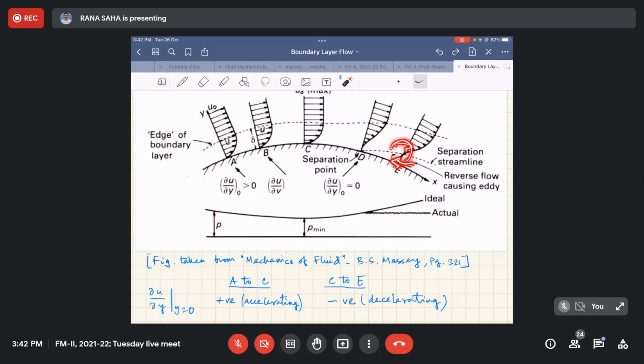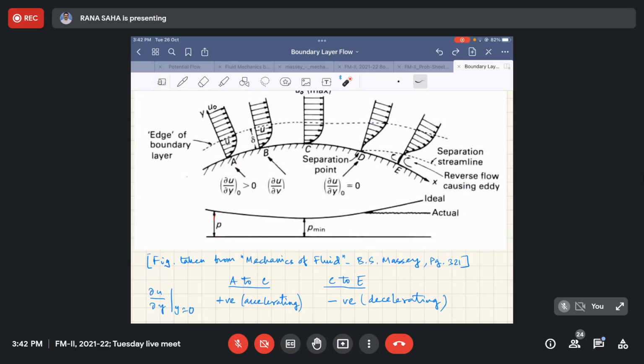That calls for a kind of circulation or a disturbance in the flow path, which is known as eddy formation, and this zone will cause multiple eddies. This entire zone is known as the wake region or disturbed region of flow, where flow is being separated from the boundary layer.